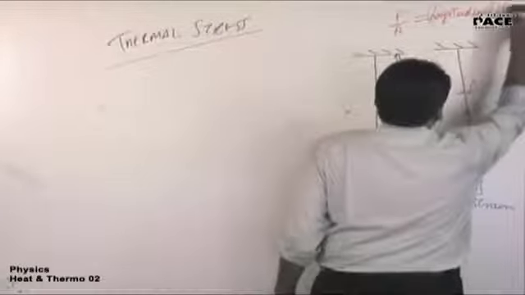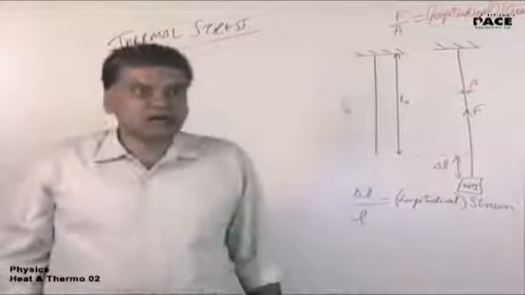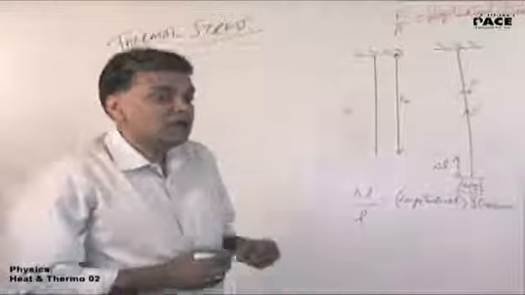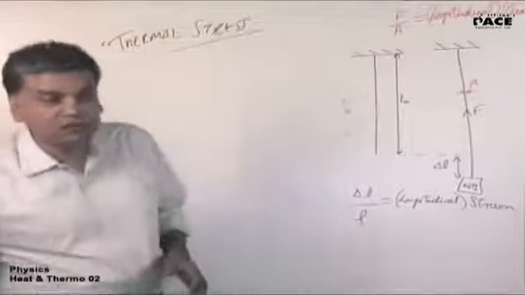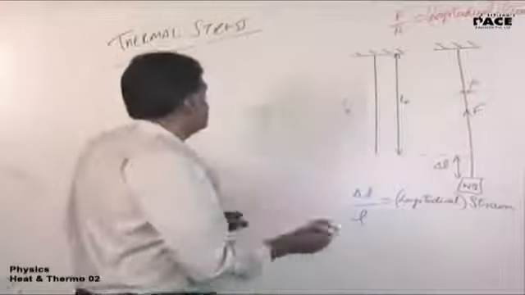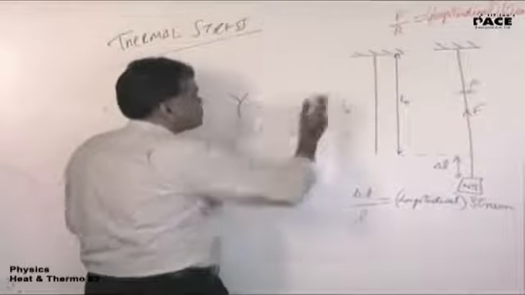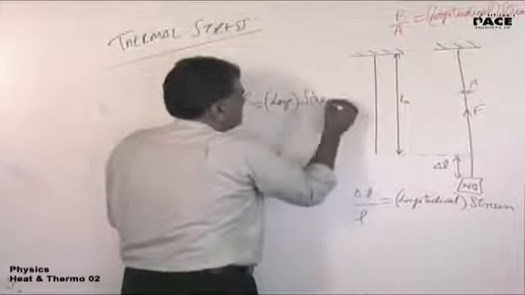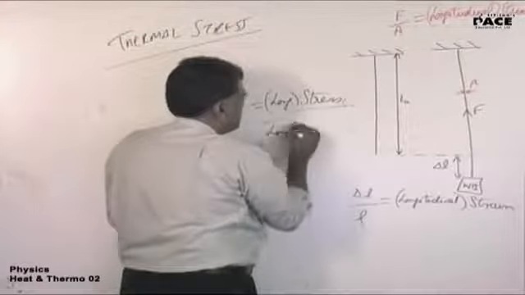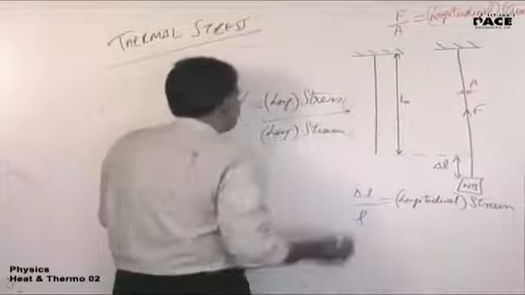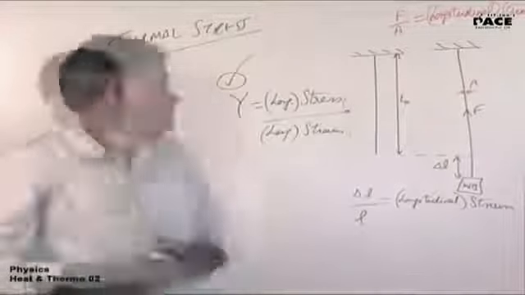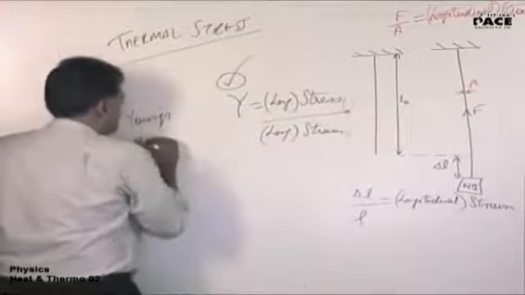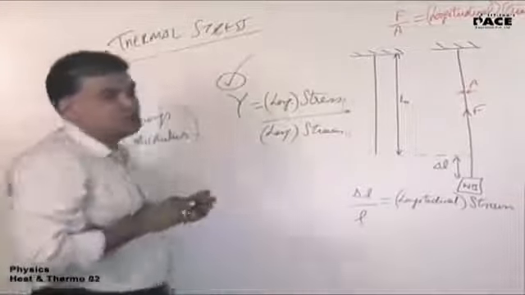The restoring force per unit area which comes up is called the stress. So every material has a particular property, that is the stress by strain ratio, or again to be precise, the longitudinal stress to the longitudinal strain. This ratio is called Young's modulus. Young's modulus is a property. This is the measure of elasticity. What will be the unit of stress?